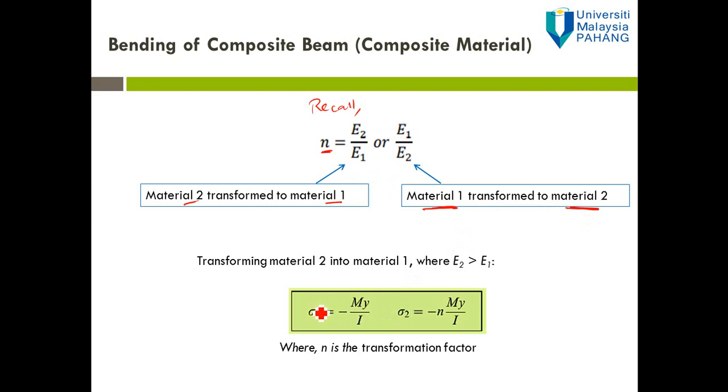If we transform material 2 into material 1, sigma 1 equals My over I, and sigma 2 equals n multiplied by My over I.